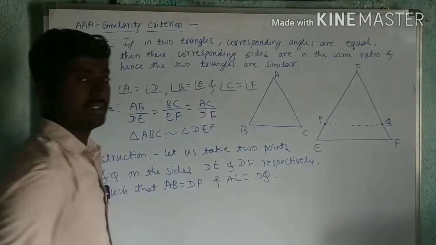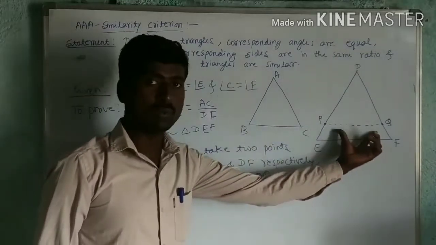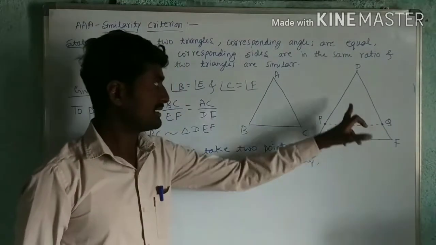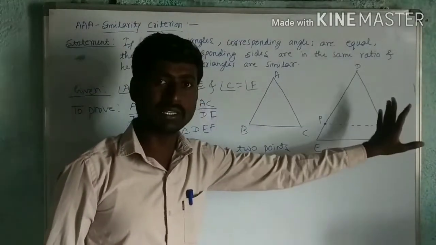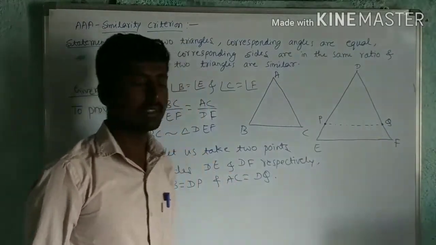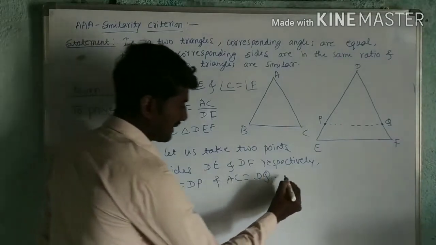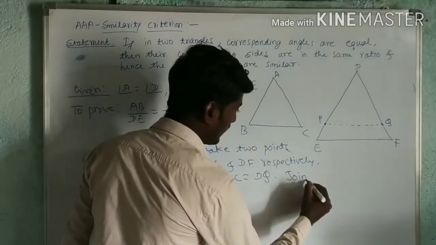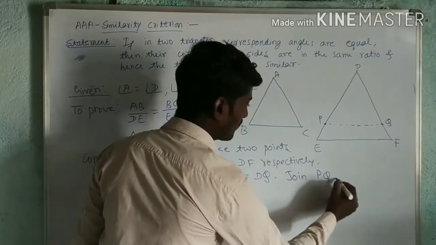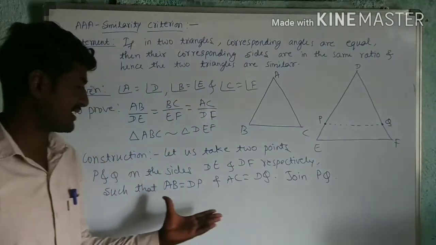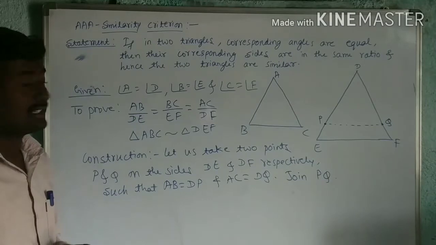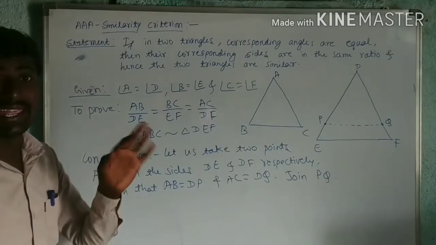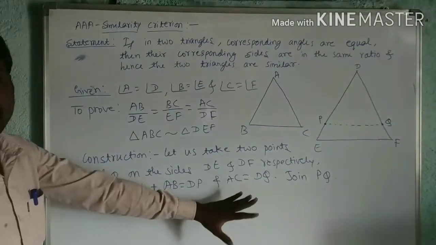I have to choose P and Q such that DP is equal to AB and AC is equal to DQ. In that way only I have to choose. Then join PQ. So this is all about construction.